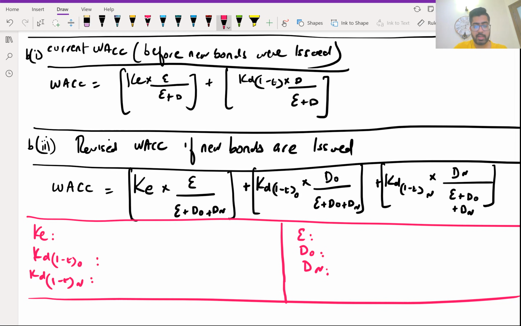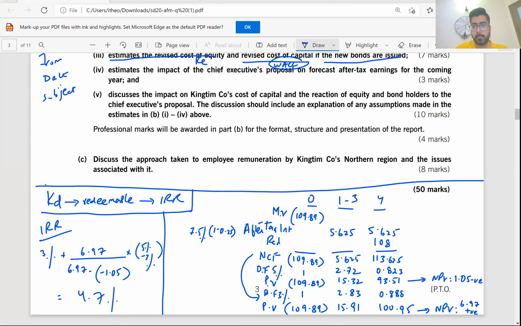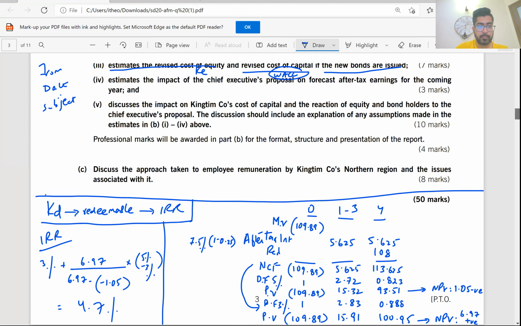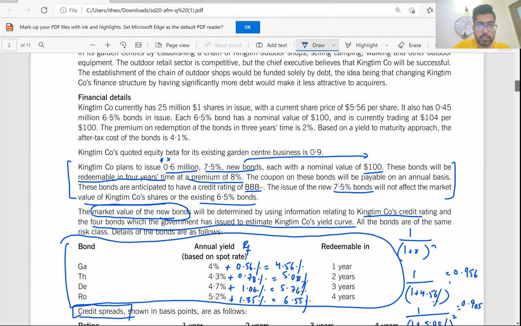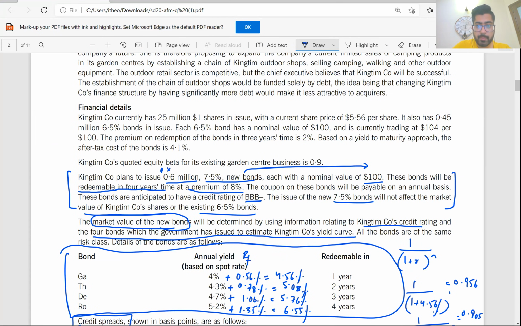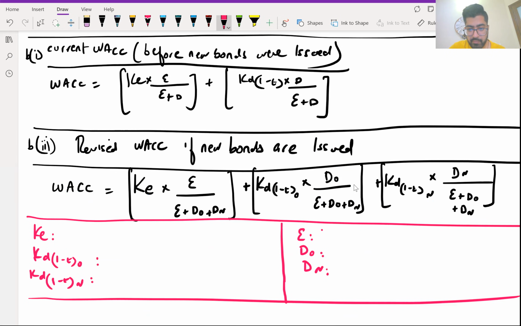Now, what is E? It's the market value of equity. So let's get back to the question. Number of shares, 25 million, into share price 5.56, is 139 million.